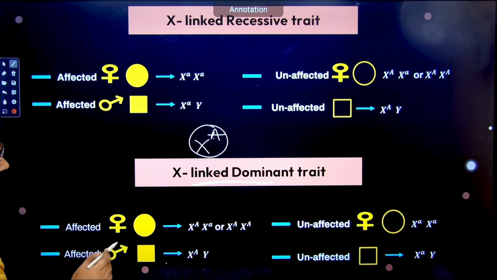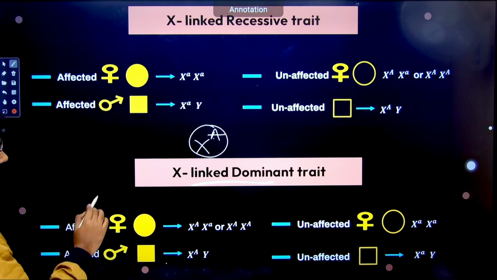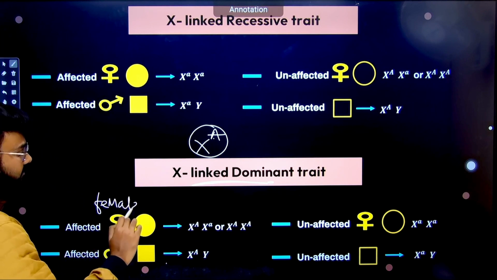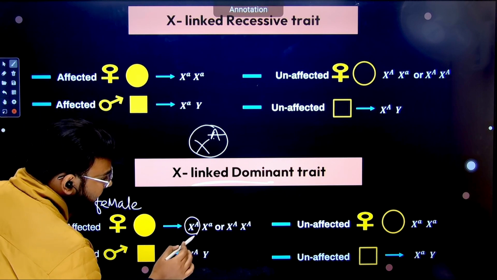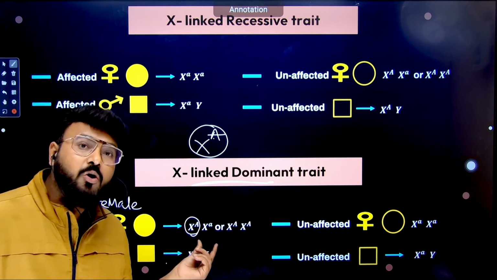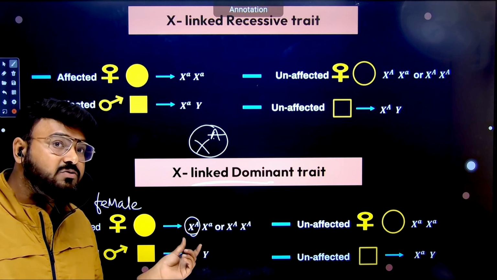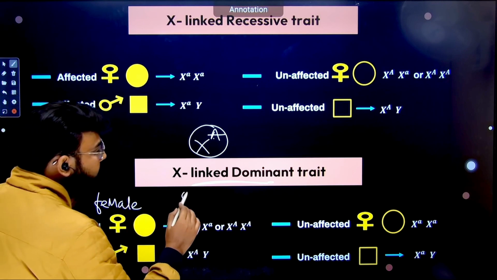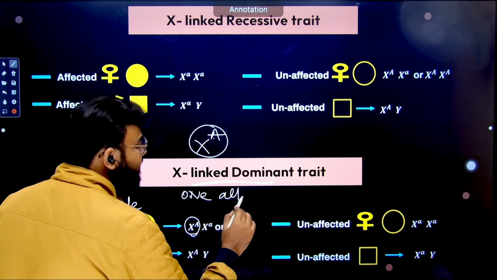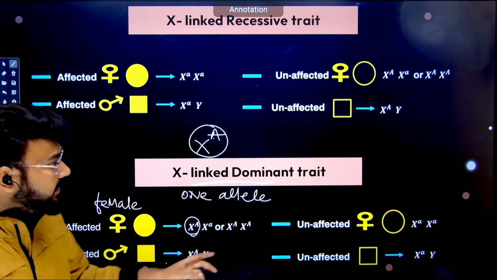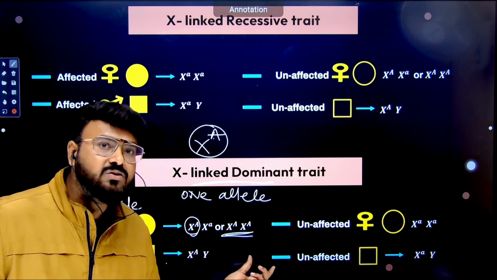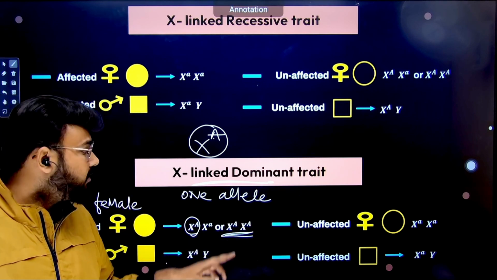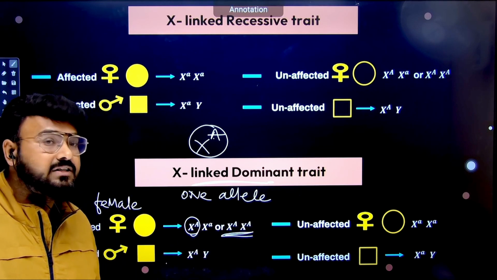Now we will see the case of an affected female. If she has one dominant allele, the mutant allele, on the X chromosome, she will be affected. Like I said, only one allele is enough to cause the disease. This is the heterozygous case, where she has one X chromosome with the affected mutant allele. Both being dominant is also affected.